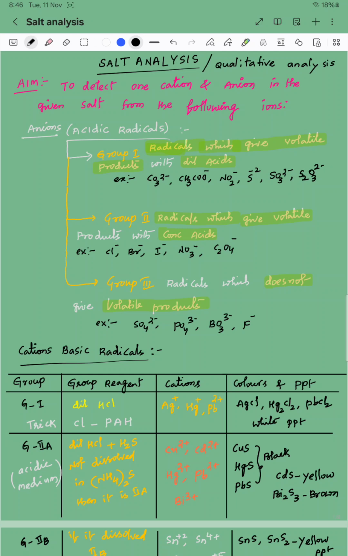Generally in the practical exam, while doing the qualitative analysis for a simple salt, usually we do the test for anions first, then for cations. Why are we not doing cations first, then anions? The reason is simple, students, right? Whatever reagents we use for cation analysis can destroy or interfere with the anion reactions.